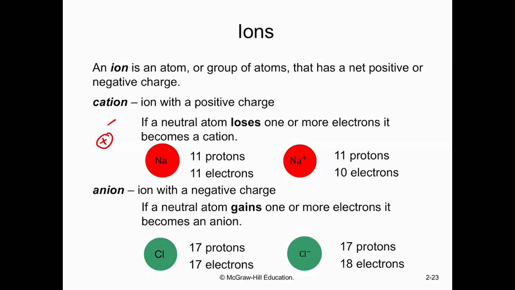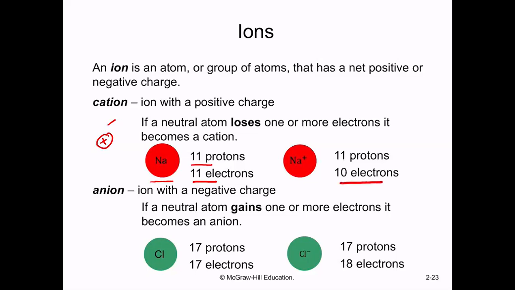Okay, so if you look at the example shown here, this is the element sodium. A neutral atom of sodium has 11 positive protons in the nucleus and 11 negative electrons in the extranuclear space. If an atom of sodium loses one of those negatively charged electrons, then now it has 10 electrons, right?